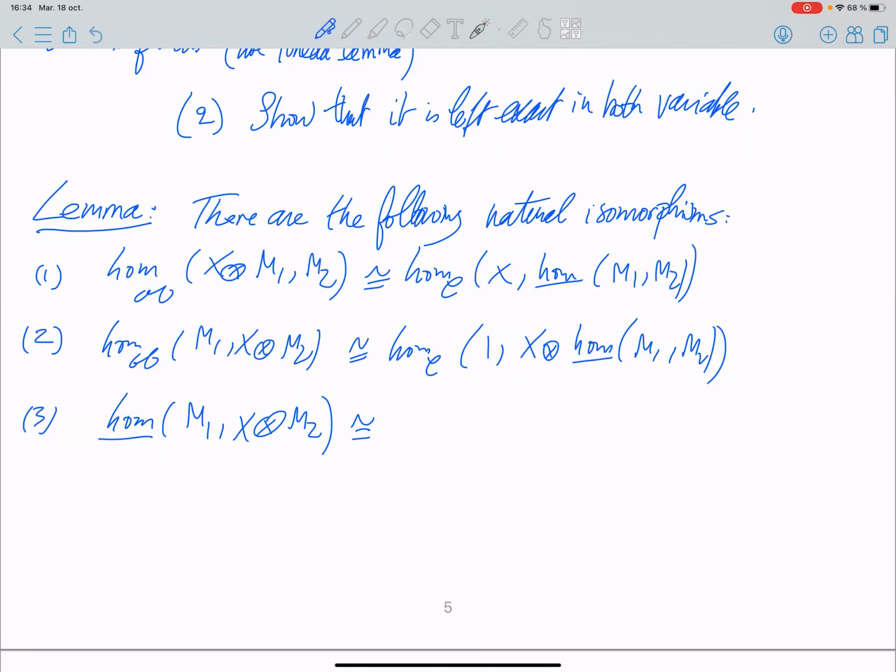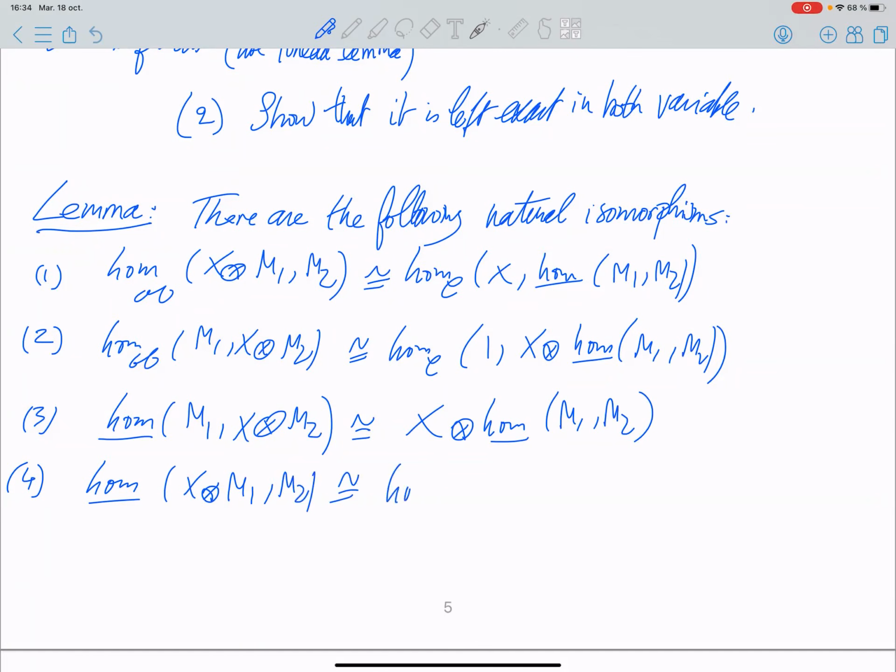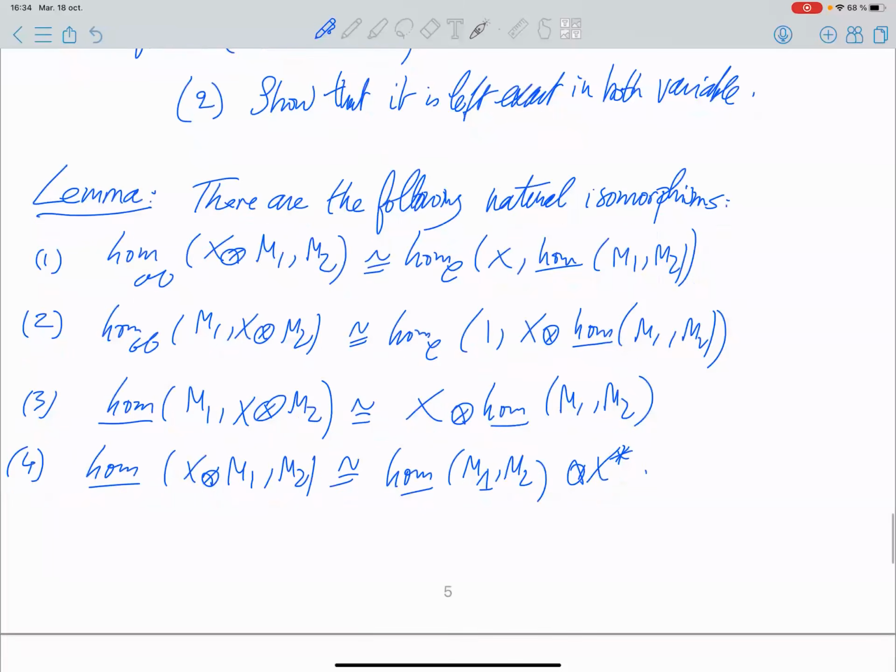And here you can put the X outside. Internal Hom M1, M2, and the last one. Internal Hom, more or less the same, but you put X on the left. M2 is isomorphic to the internal Hom M1, M2, and you will have the X on the right with a star structure, with the dual.